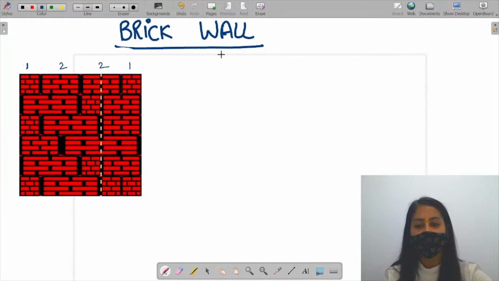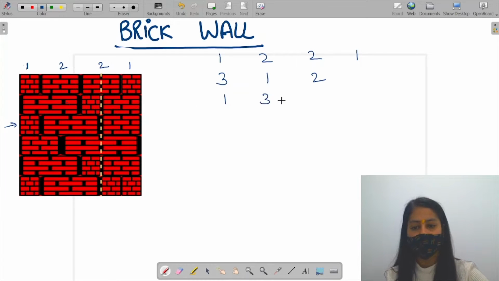For example, in the first row we are given first brick is of width 1, next is 2, next is 2, next is 1. In the next row, the first brick is of length 3, next is 1, next is 2. The third row, first brick is of width 1, next is 3, next is 2.